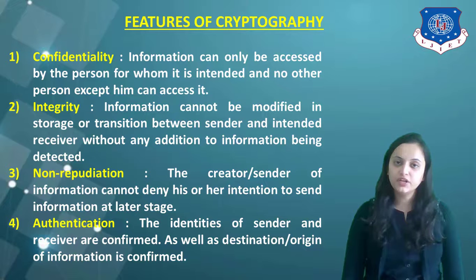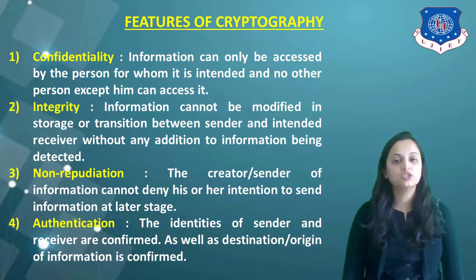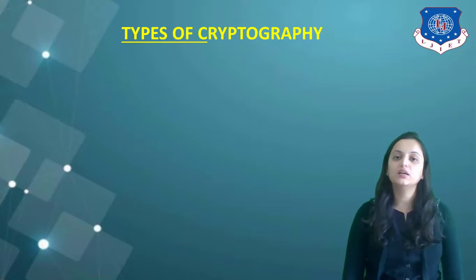The first feature is confidentiality, the second is integrity, the third is non-repudiation, and the fourth is authentication. There are various features of cryptography, but these four are the general and main features which we have considered. Now let's move to the next topic, that is types of cryptography.